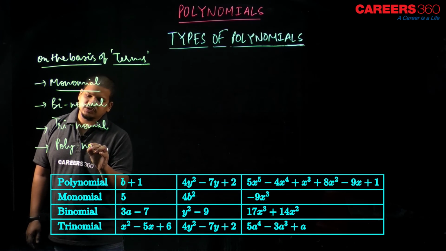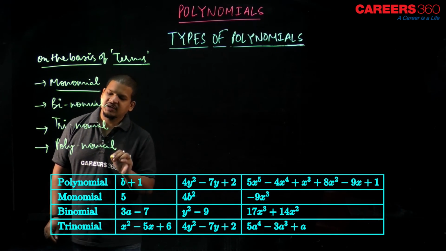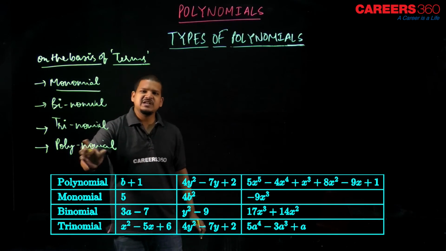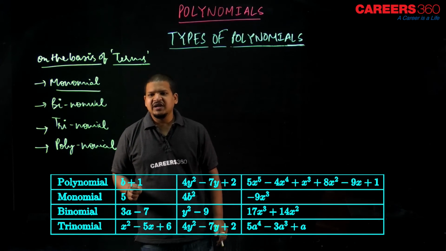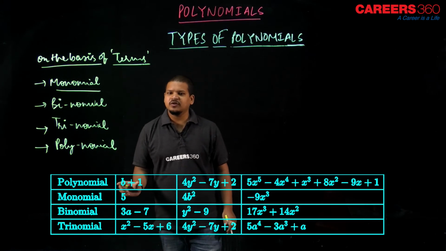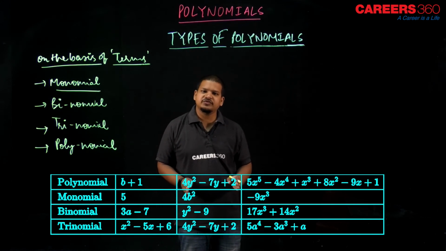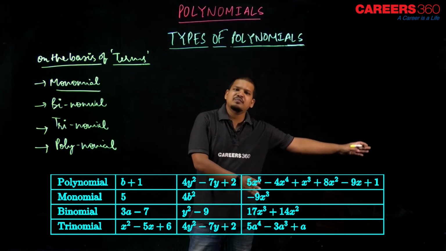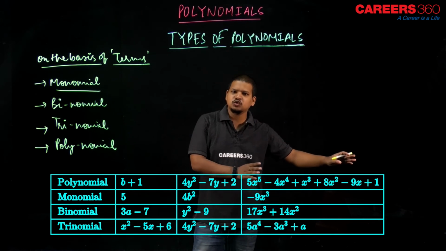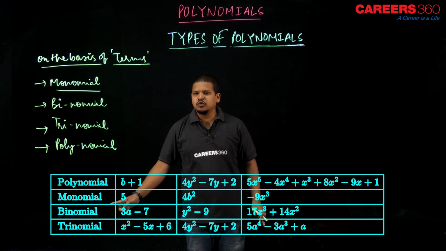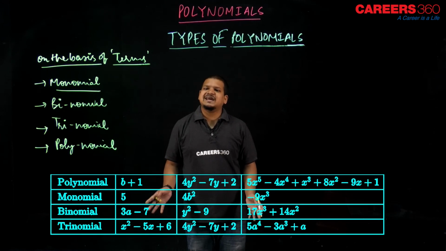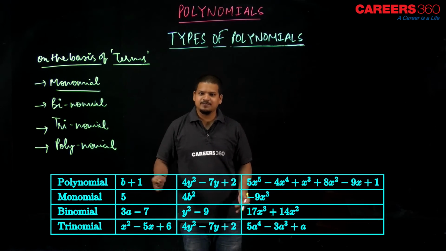As we have already understood the meaning of this word, it consists of many terms. So many terms is what? It could be two terms, three terms, or many terms, more than two terms, right? So monomial, binomial, trinomial, they are all types of polynomials only, right?